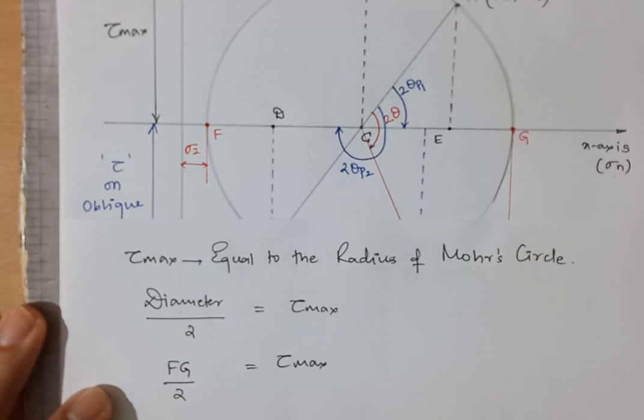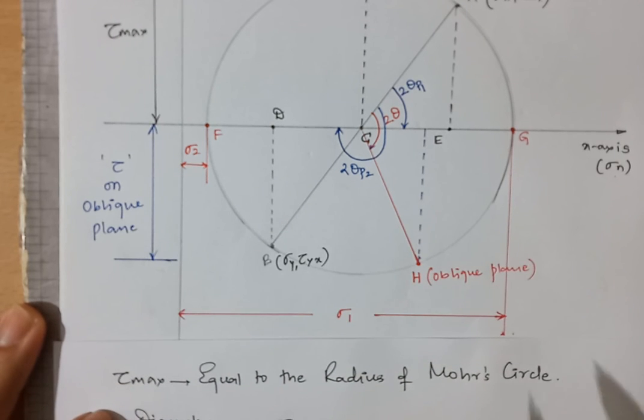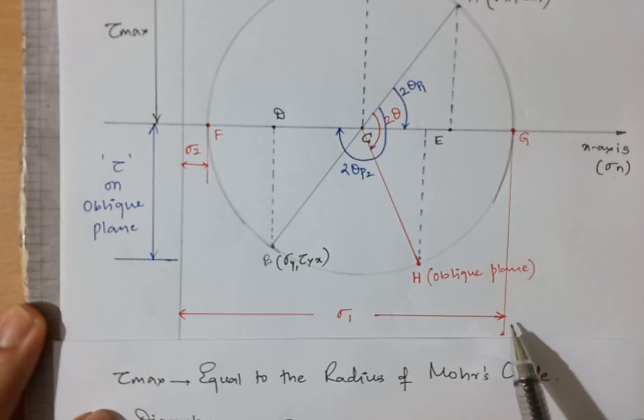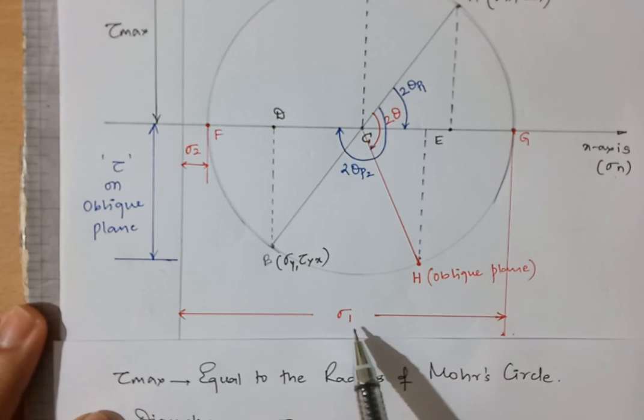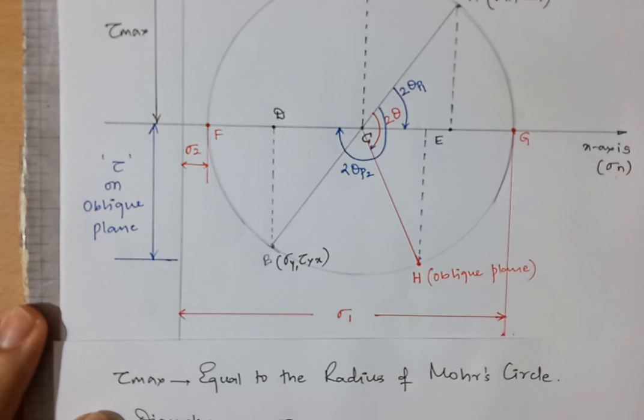Now what are this F and G? What is the distance FG? You will get to know here. G from the y-axis is sigma 1 and F from the y-axis is sigma 2.